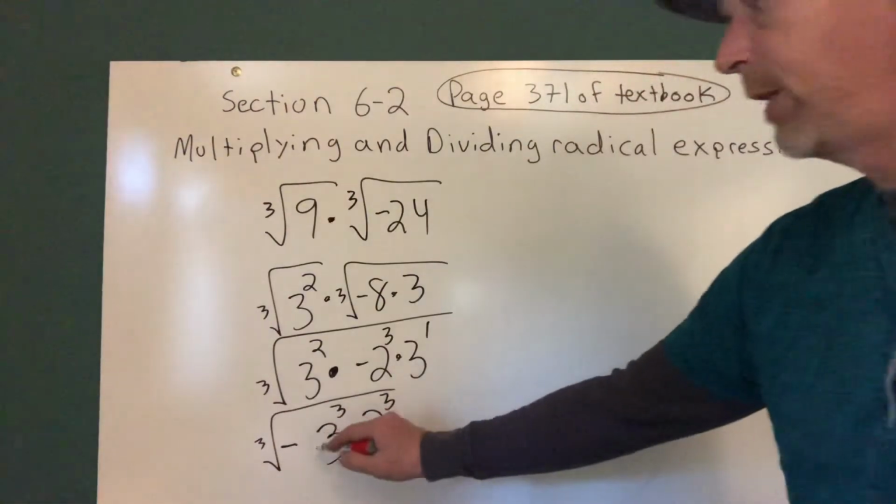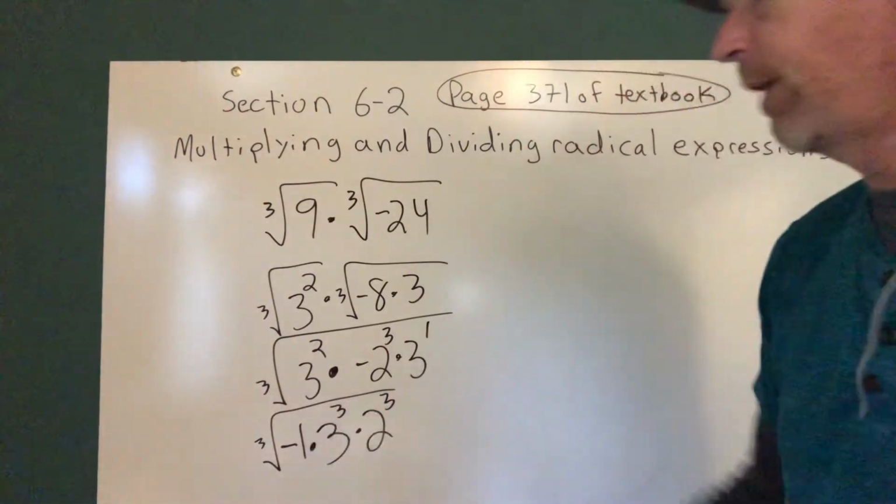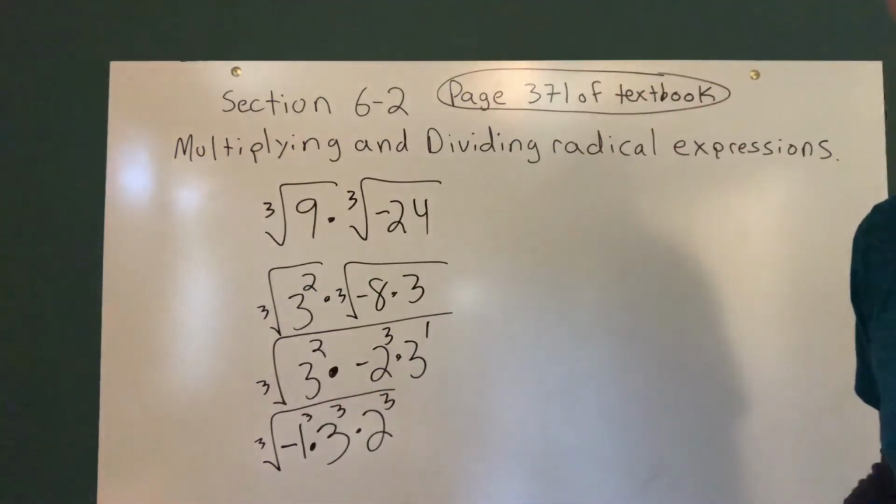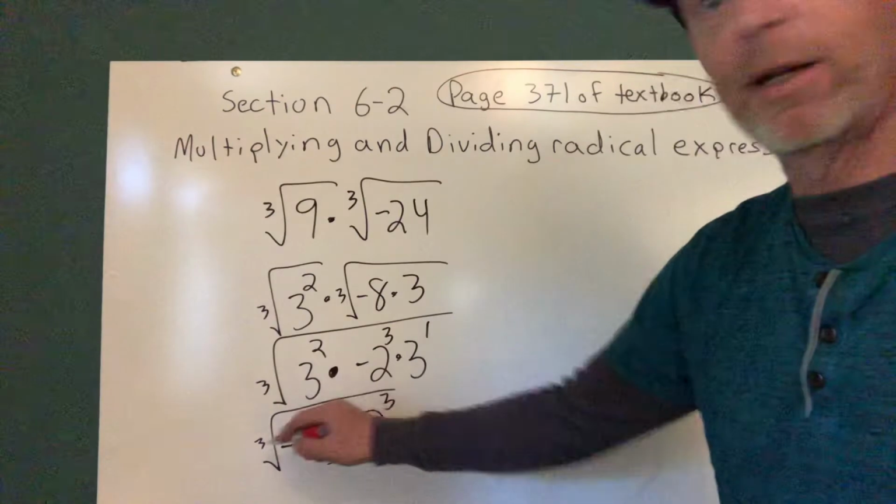And again, you can look at this as negative 1 times, and you can raise a 1 to any power. To the third is still negative 1. So you're not changing anything, and this is just going to come out as the negative.